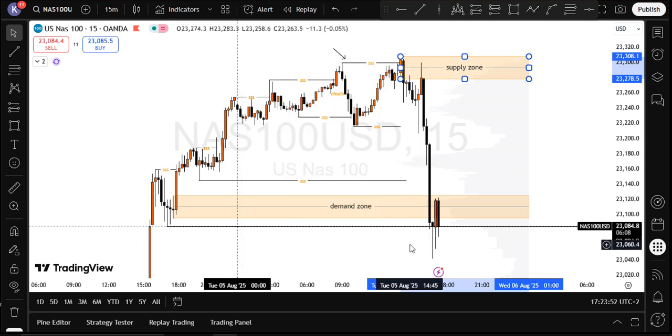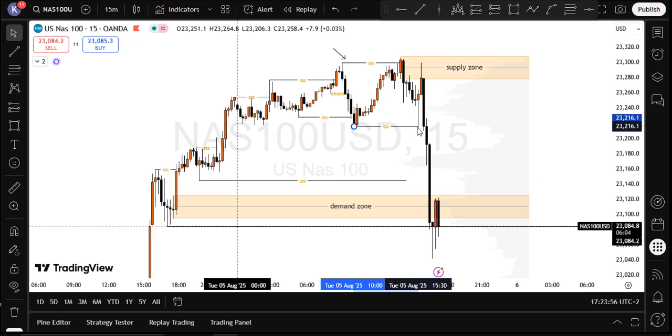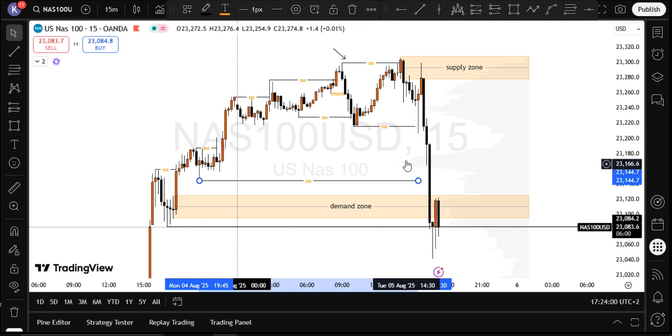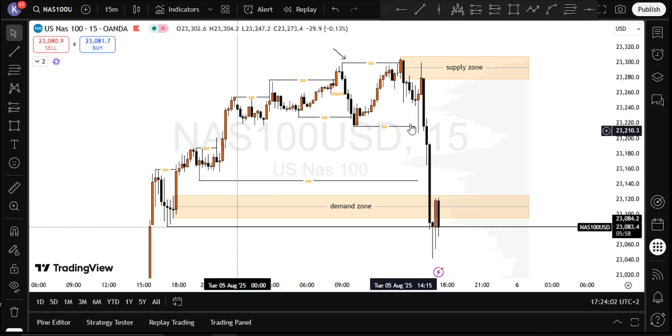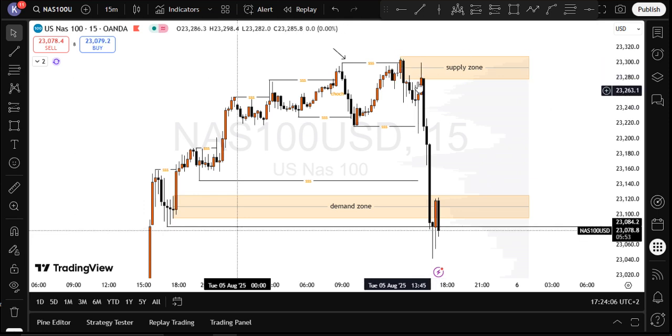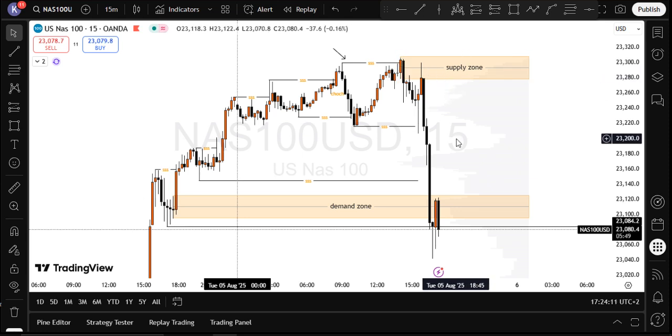Then it went down, swept the sell side liquidity that was resting here, right? After sweeping it, it went down, retested the supply, mitigated 50% of that supply zone, right?